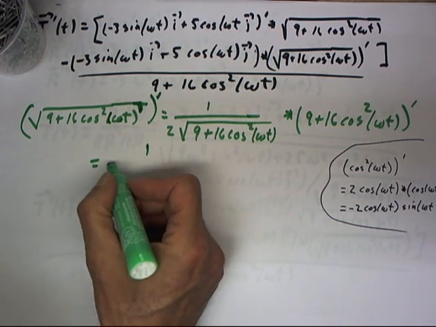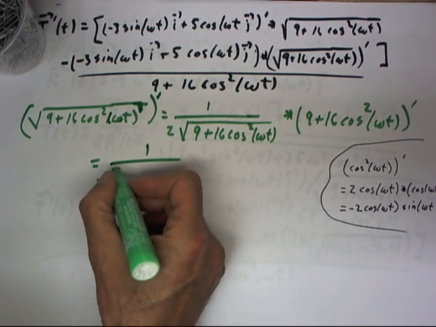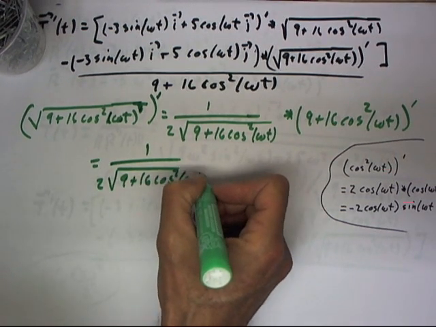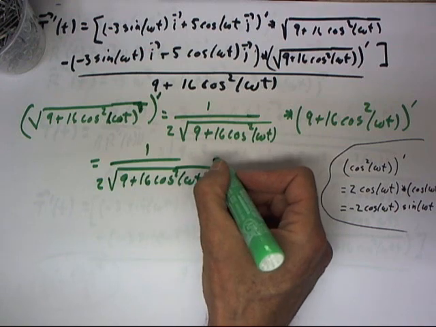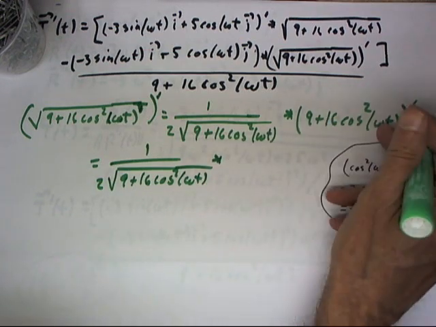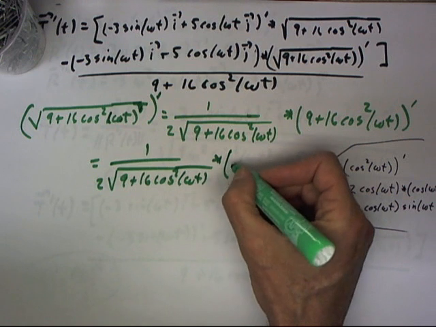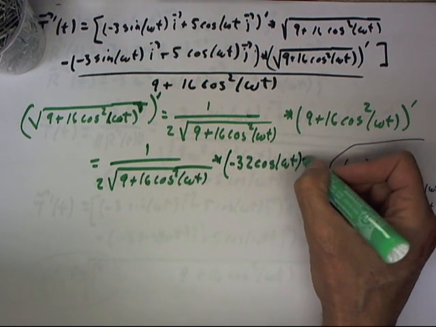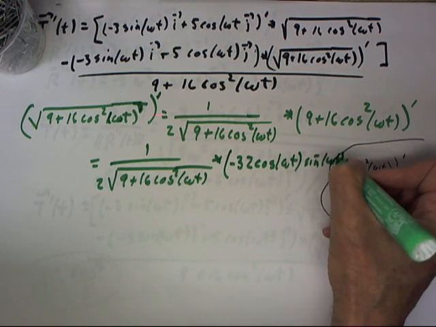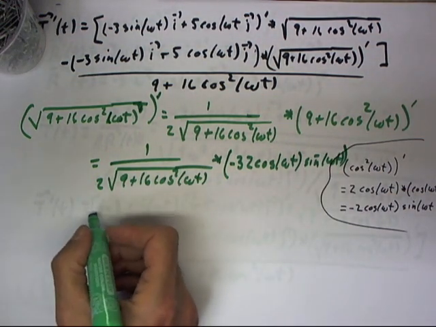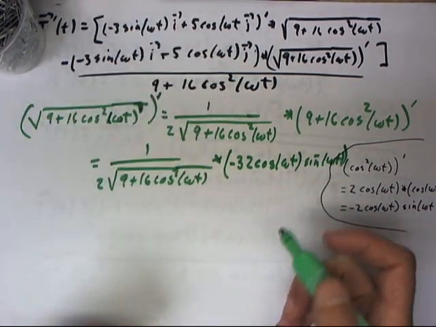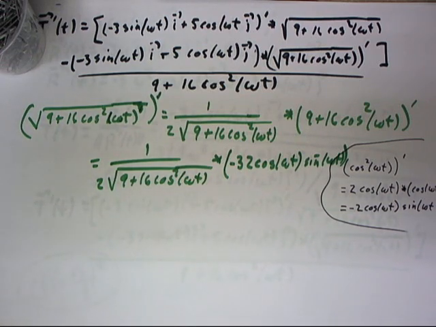We get 1 over 2 times the square root of 9 plus 16 cosine squared of omega t, multiplied by the derivative of this, which we've seen now to be negative 32 cosine of omega t sine of omega t. Putting this together with this, we can fairly easily write down our derivative.